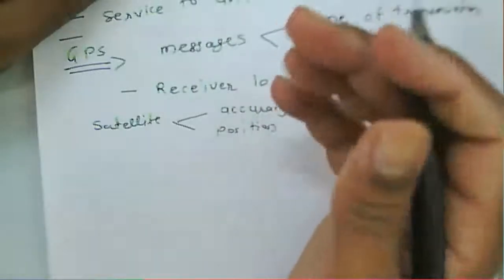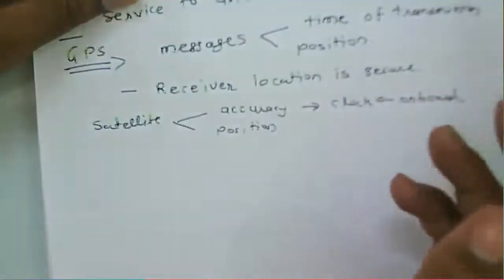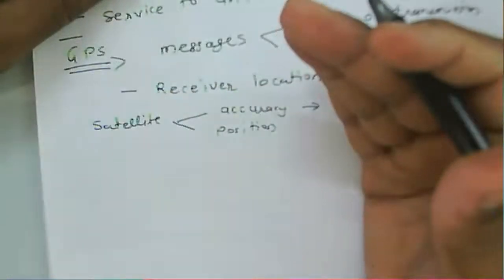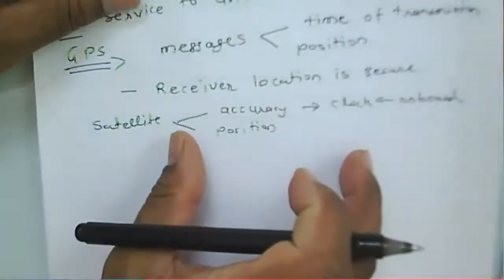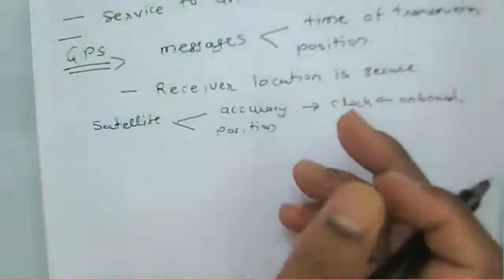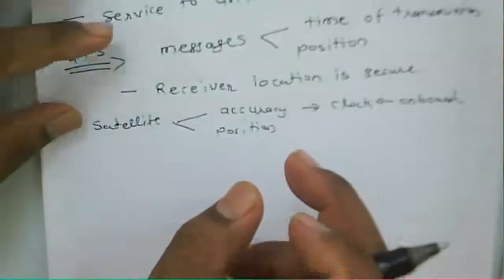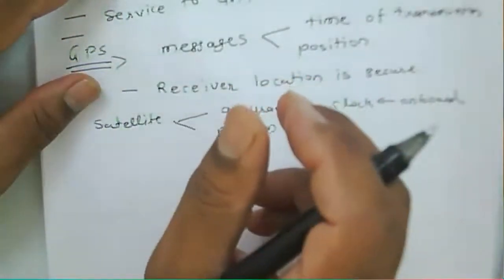So that's why the calculation of that particular data at a receiver can be done easily. The receiver station will calculate the timing and the position location.